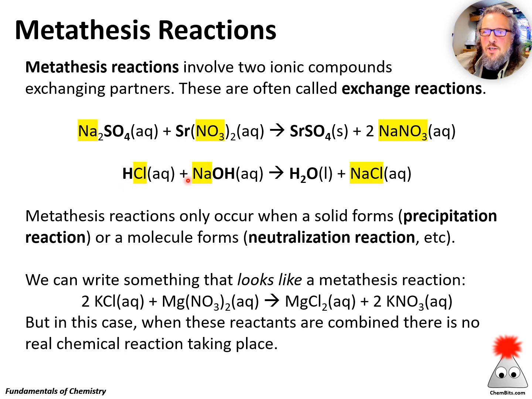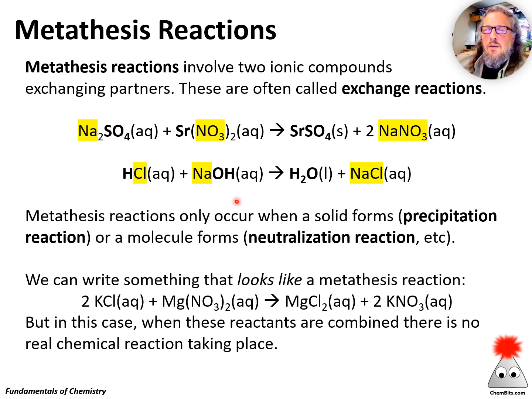H plus and OH minus combine to form water. Water is sometimes called hydrogen hydroxide, if you want to hide the identity of what you're talking about. And the other half of those partners, sodium and chloride, swap partners to get sodium chloride aqueous.